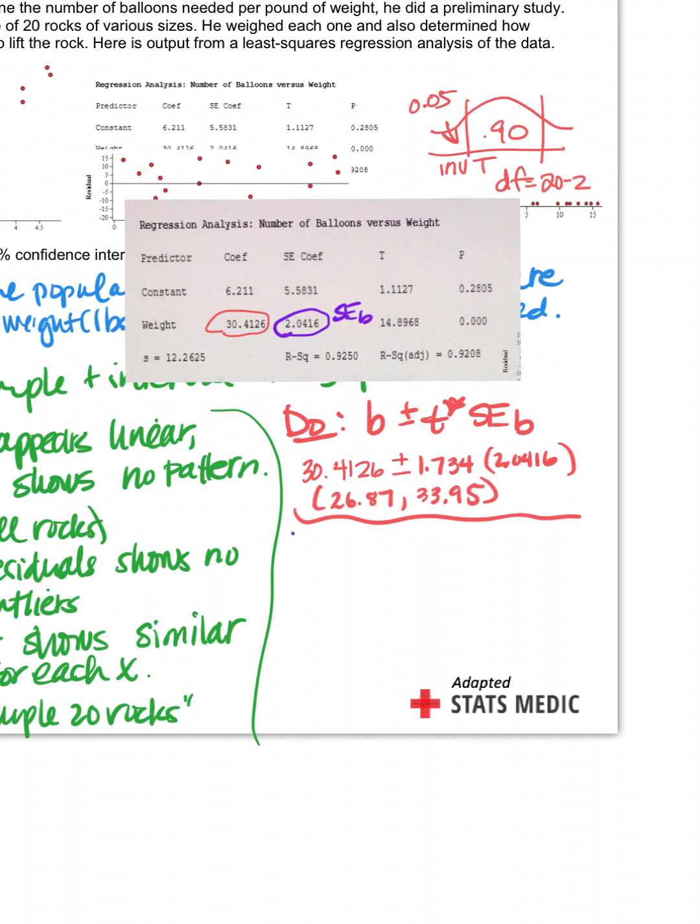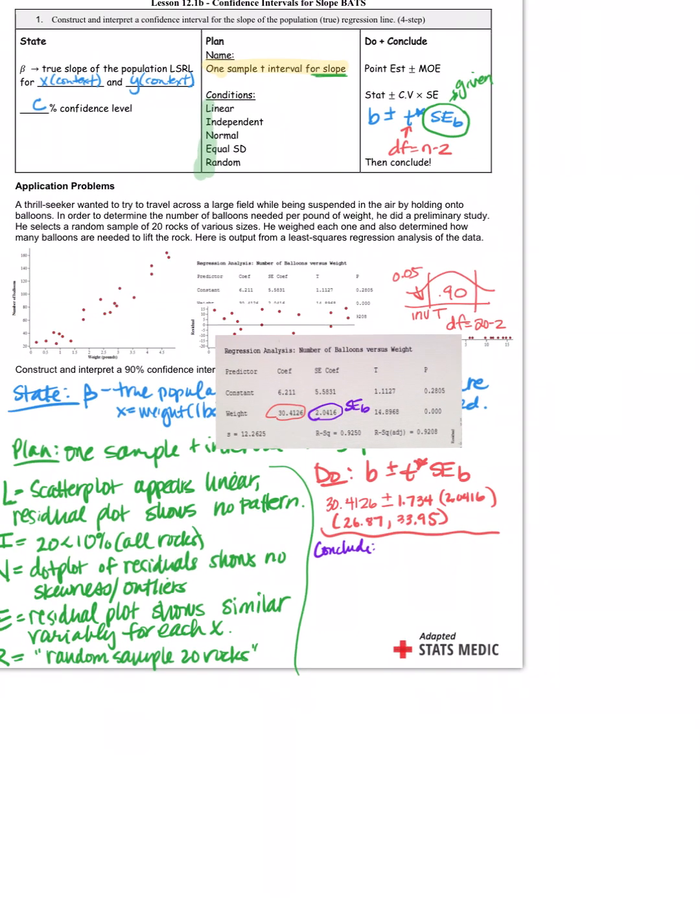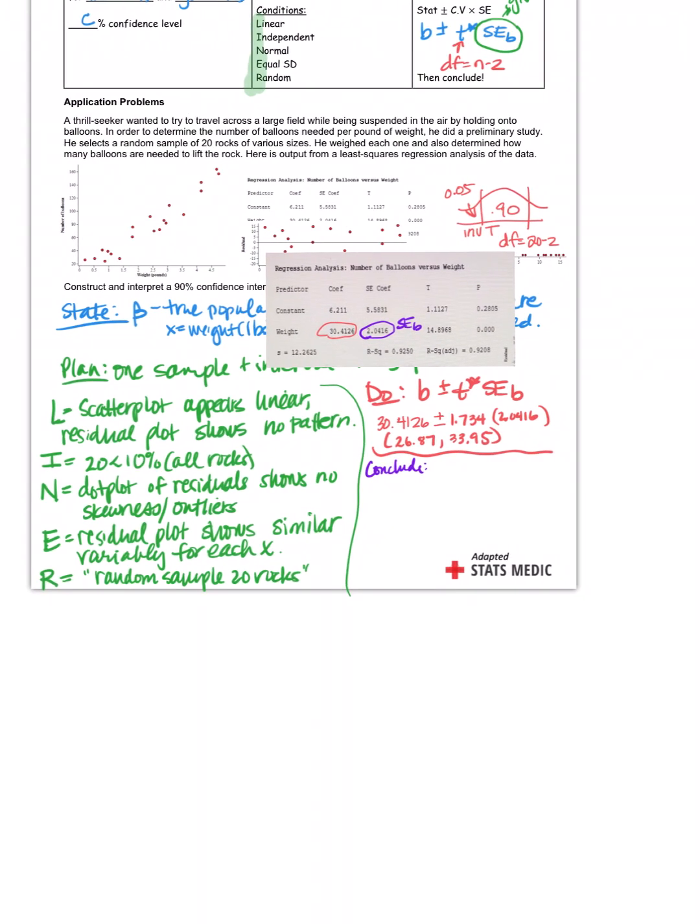And then we get to conclude. How do we start our conclusions? We are 90% confident that the interval from 26.87 to 33.95 captures the what?